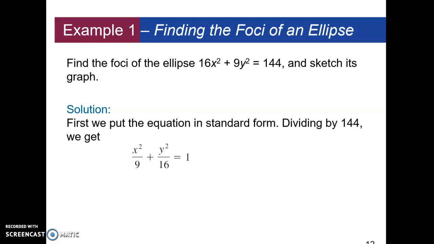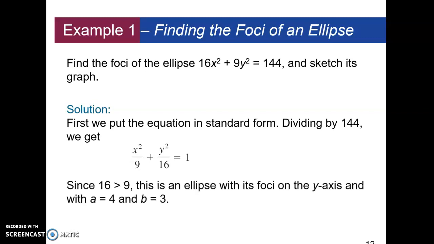Now I notice that the number under the y squared is bigger than the number under the x squared. So a squared has to be 16. This is a tall ellipse. So a squared has to be 16, so a is 4. And b squared has to be 9, so b is the square root of 9.